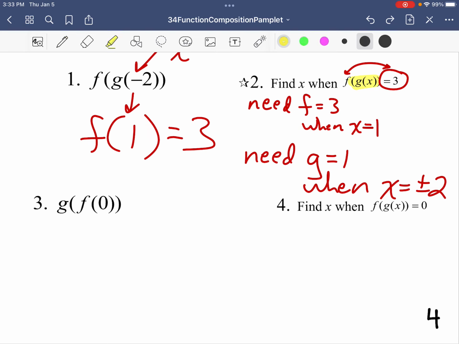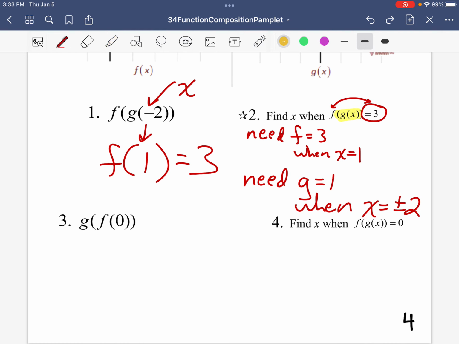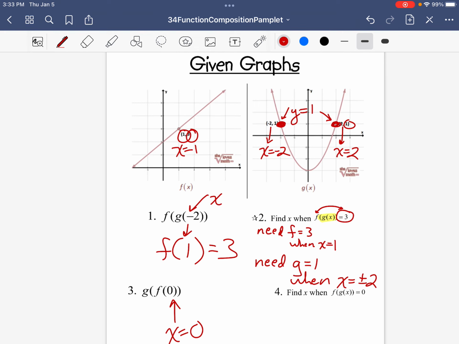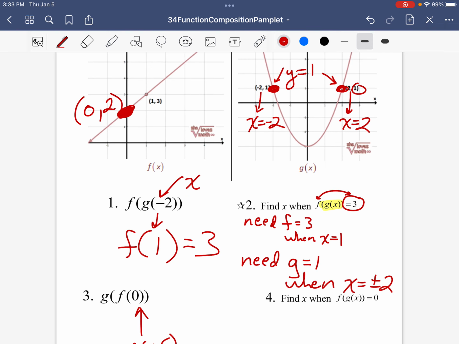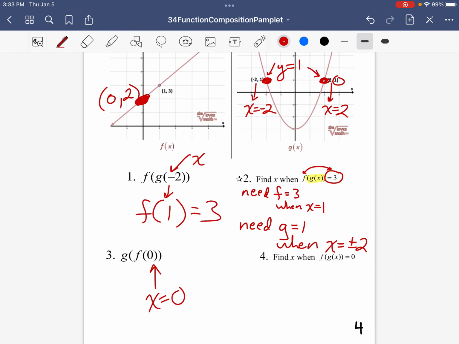Work on the inside first, f of 0. F of 0, that means that x equals 0. X equals 0 on the f function. On the f function, x equals 0 right here. Definitely that's x equals 0, but its value is 2.